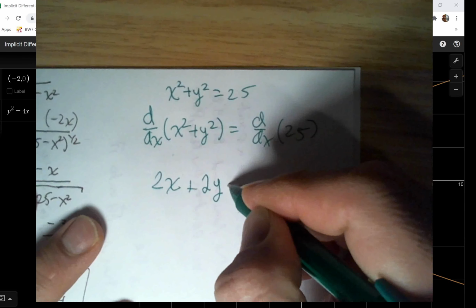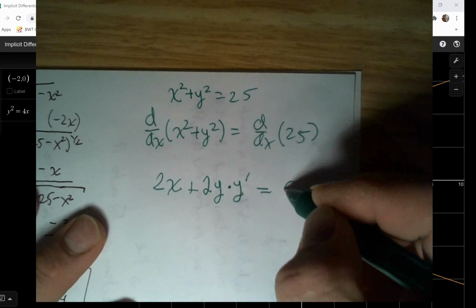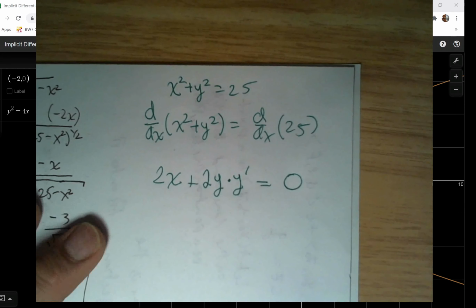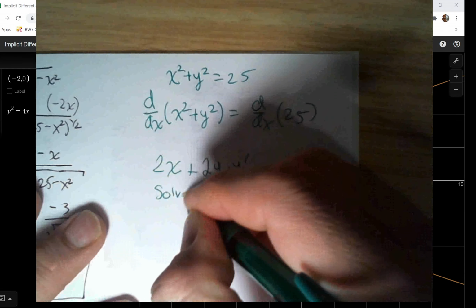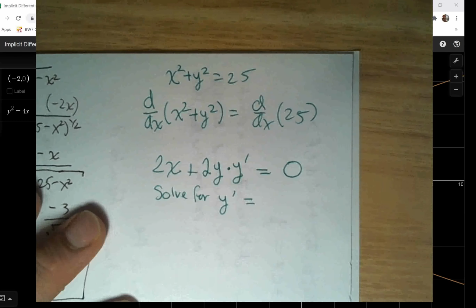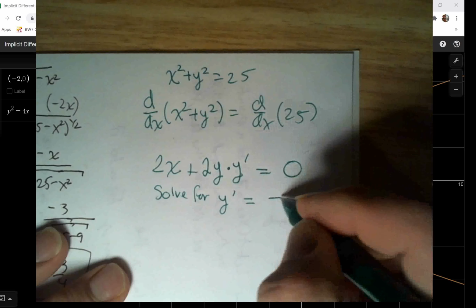But again, be careful: chain rule, times y prime. And the derivative of 25, it's a constant, so we get 0 there. Now I'm going to solve for y prime. Solving for y prime, we get negative x over y.